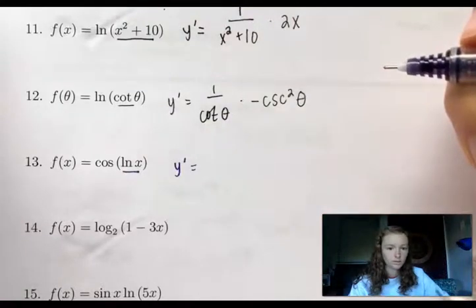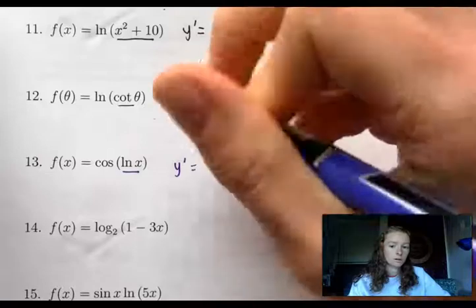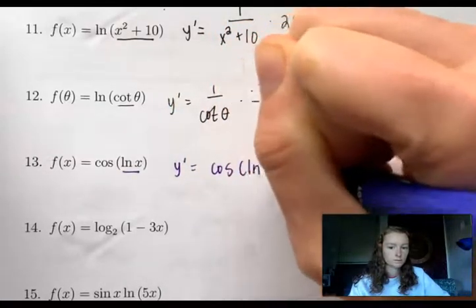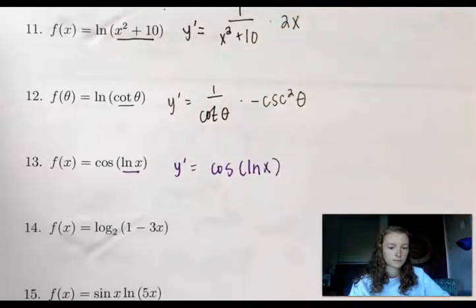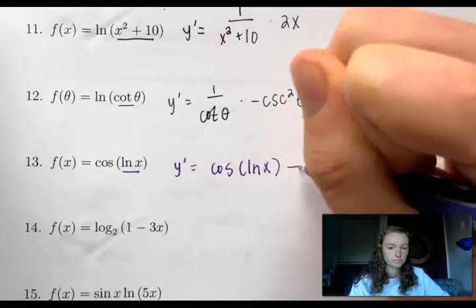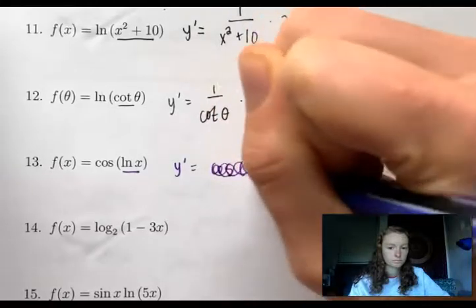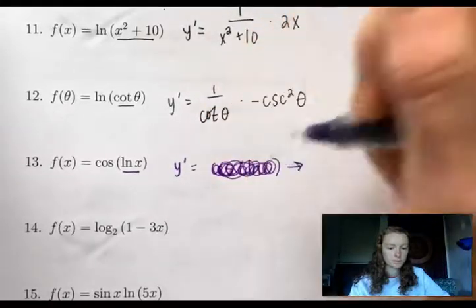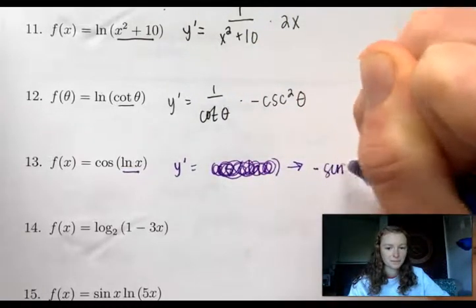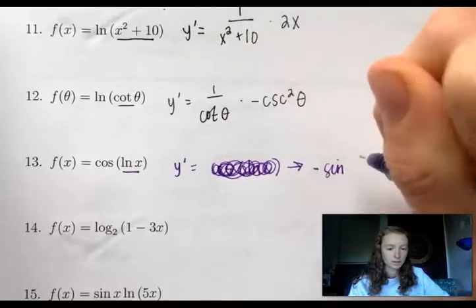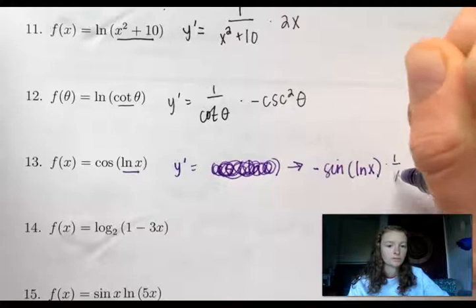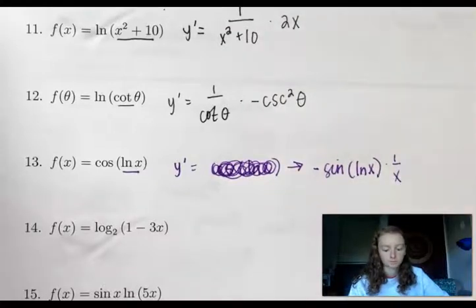So we're going to write cosine of ln of x times, just kidding, I messed up. You write the derivative of cosine, which is negative sine of ln of x, and then you do the derivative of the inside function, which is 1 over x.